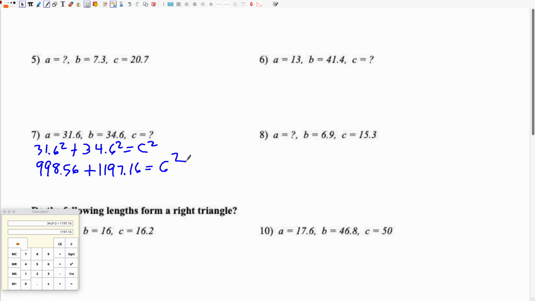So 1197.16 plus 998.56 equals 2195.72 equals C squared. And square root, 46.9 equals C.